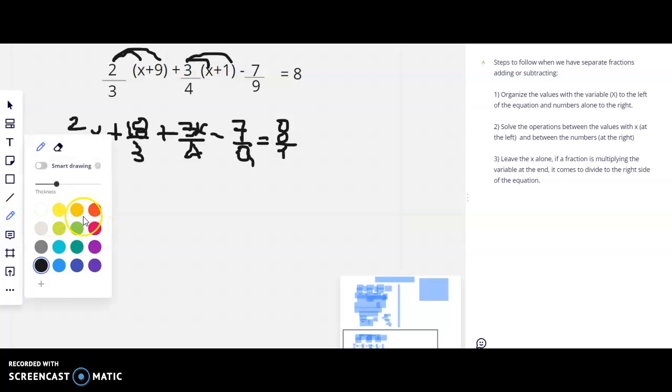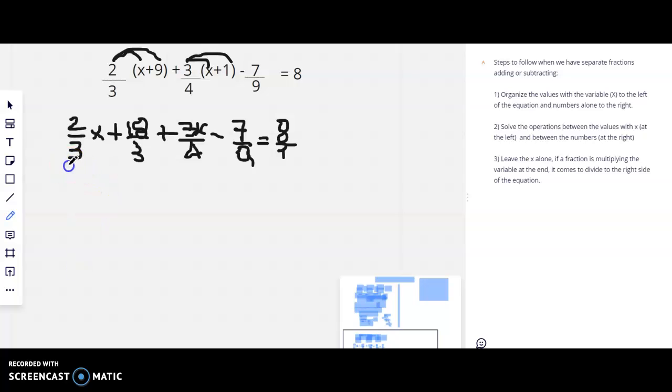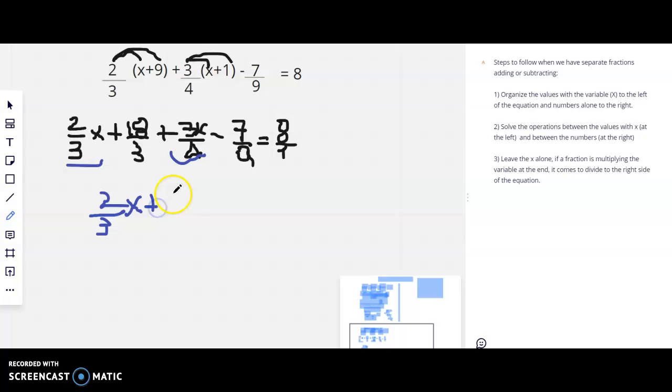These numbers, we're going to use another color. So this and this stay to the left. So we have 2 over 3 x plus 3 over 4 x, and we have equals 8 over 1.